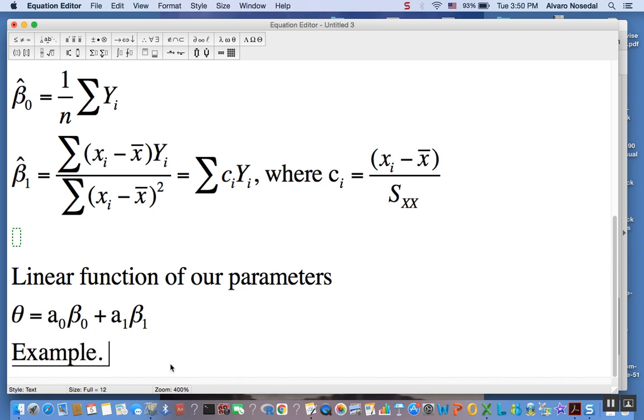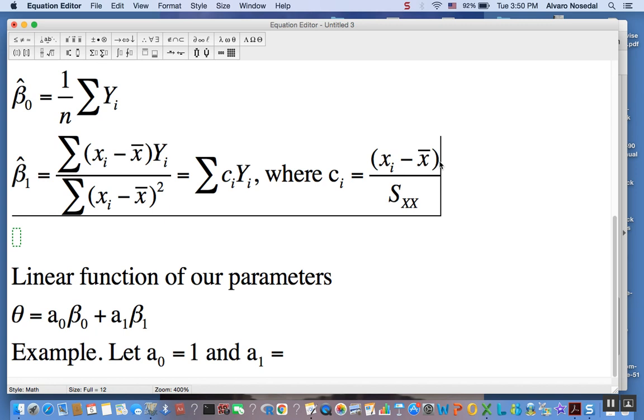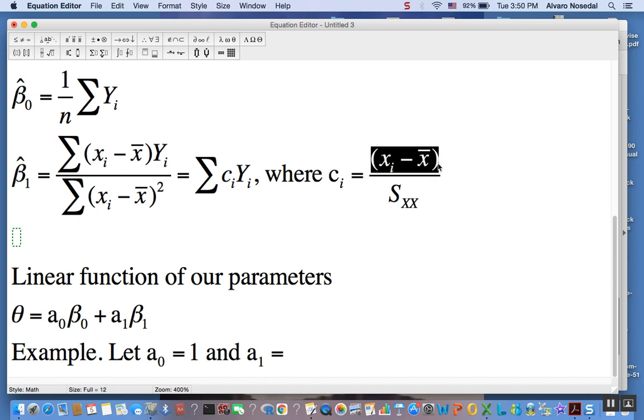Let a0 be 1, and we're going to set a1 equal to just xi minus x bar. That could be interesting, and I'll show you why.